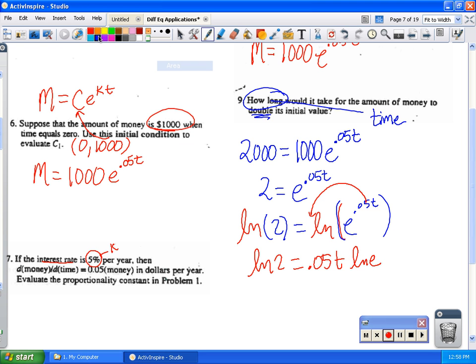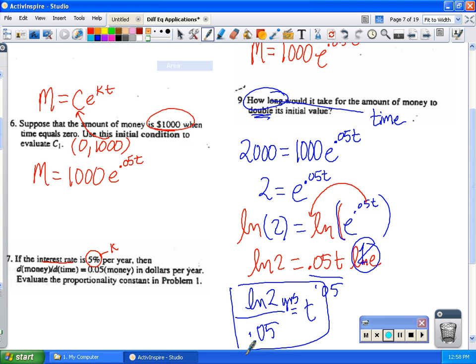And we know from Algebra 2 or pre-cal that the ln of e is just 1. So I can divide both sides by 0.05, and the amount of time that it takes for my money to double from $1,000 to $2,000 is whatever this number turns out to be using a calculator, years, and you would round off to the nearest year.